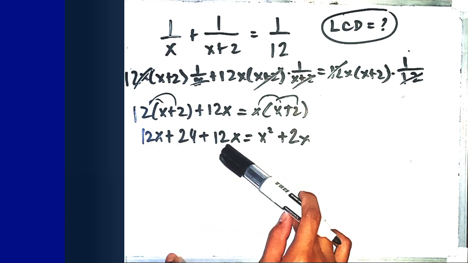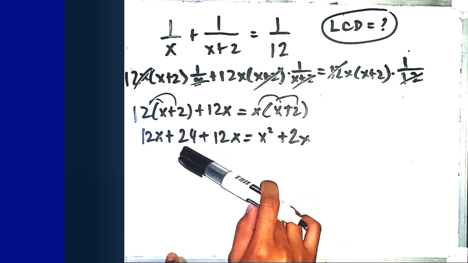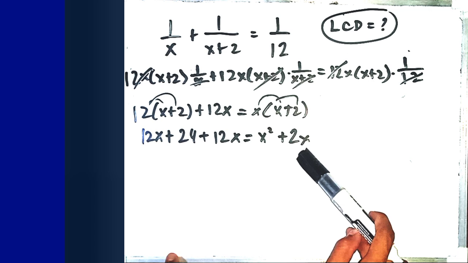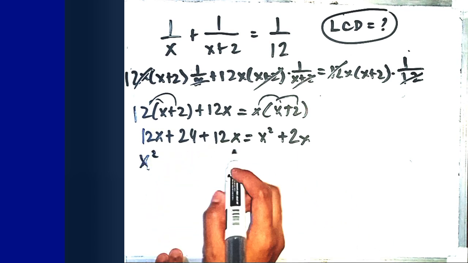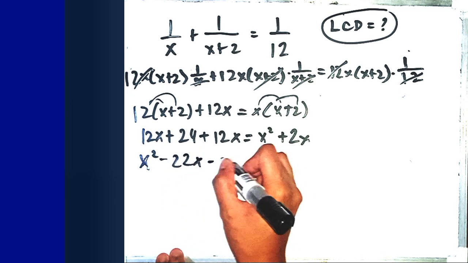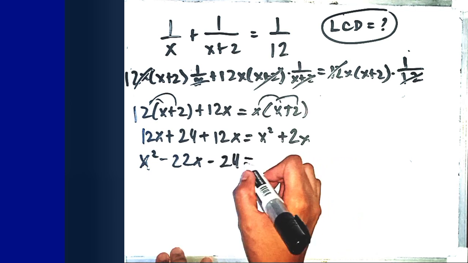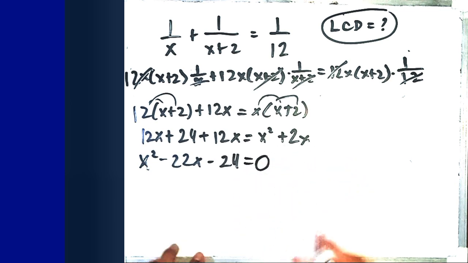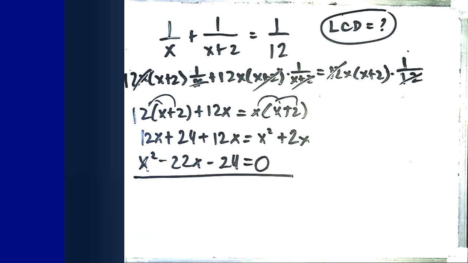So 12x plus 12x, that would be 24x, minus the 2x on the other side of the equation. So that will be x squared minus 22x minus 24 is equal to 0. Okay, so now we do have here the standard form.